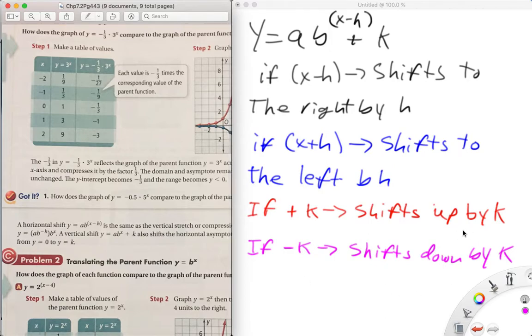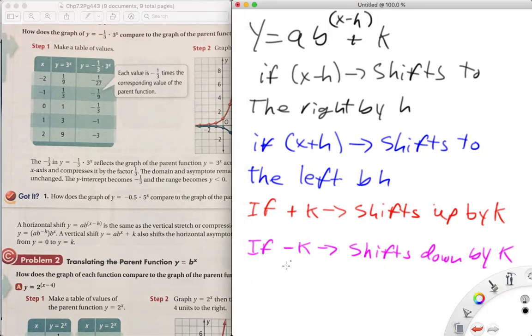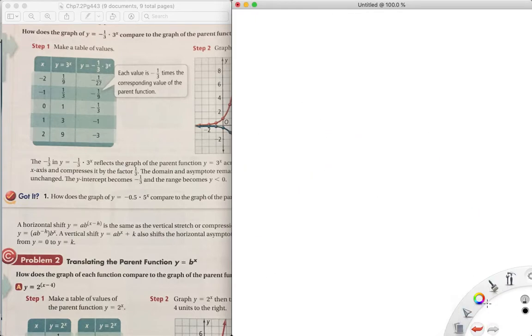And when it shifts down, that means that the asymptote moves. So when we talk about the horizontal asymptote, which is at the x-axis, right? All right, the asymptote is at y equals 0, the x-axis.